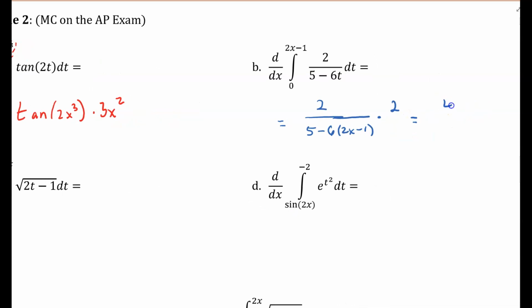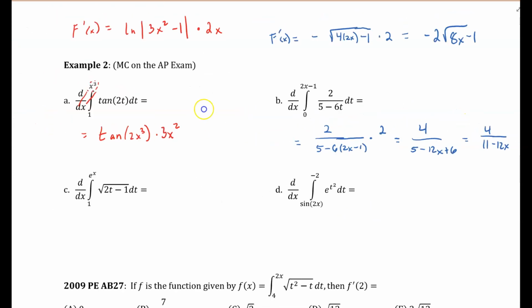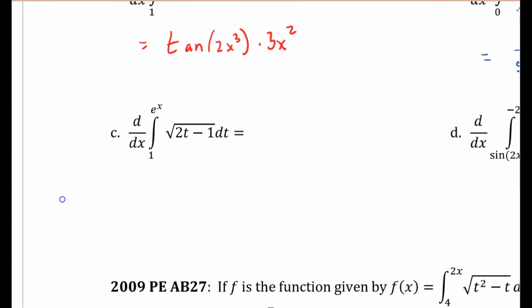If this is multiple choice, I'm going to assume they want me to clean this up. 5 minus 12x plus 6, we could combine the 5 and 6 to make 11. So 4 over 11 minus 12x. Pretty simple, right?